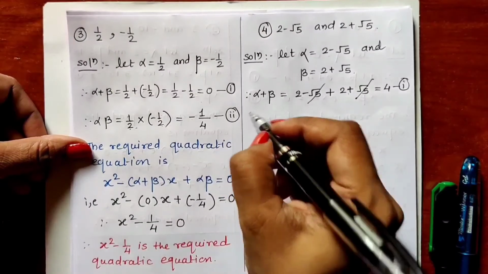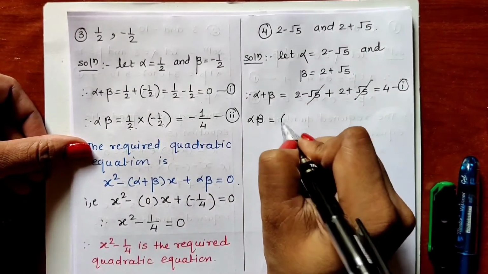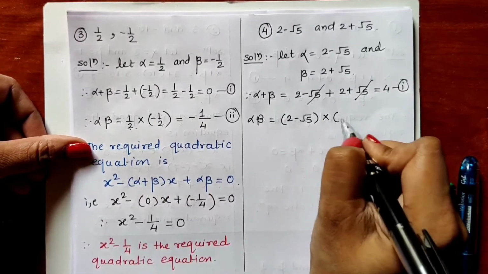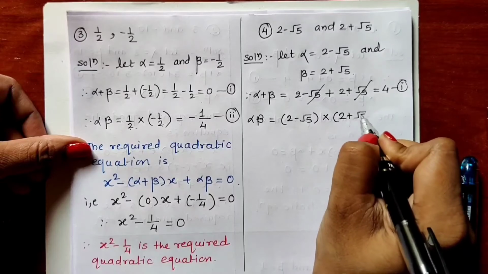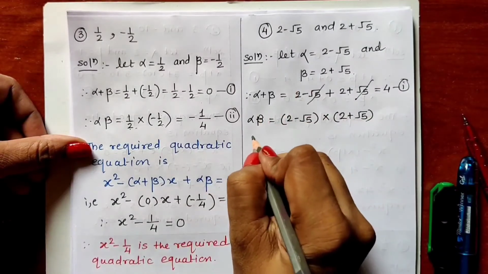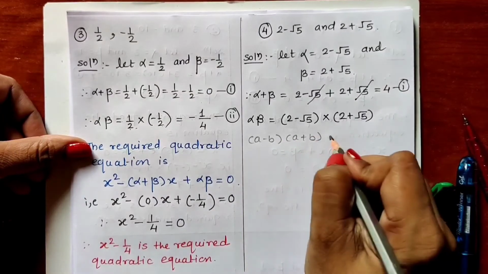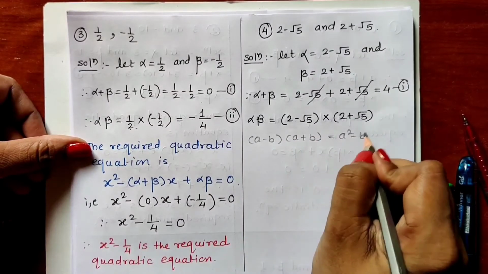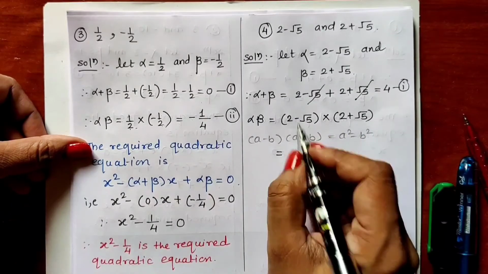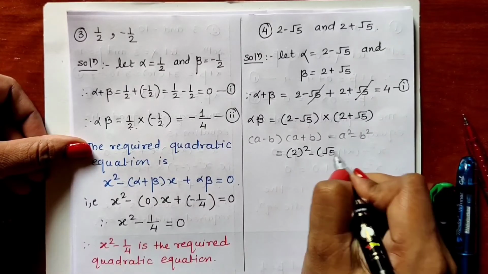Now alpha into beta. Alpha into beta is equal to 2 minus root 5 into 2 plus root 5. Here we can apply the formula of a minus b into a plus b is equal to a square minus b square. Okay, so here we can write is equal to 2 square minus root 5 square.